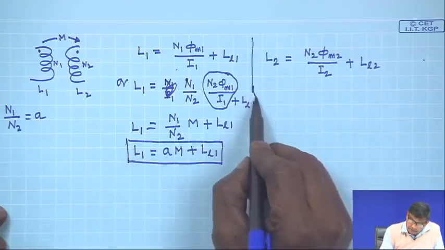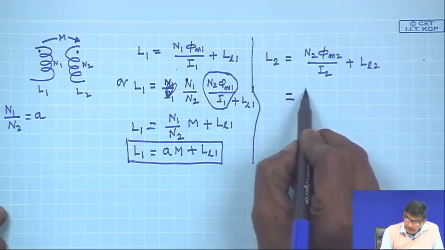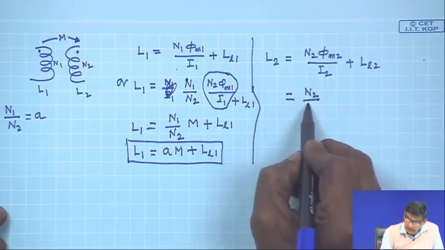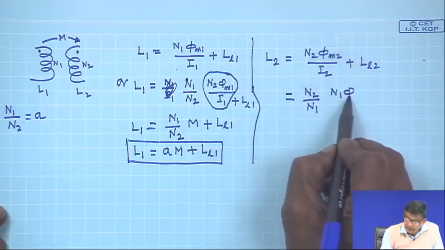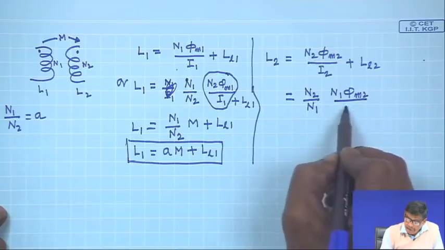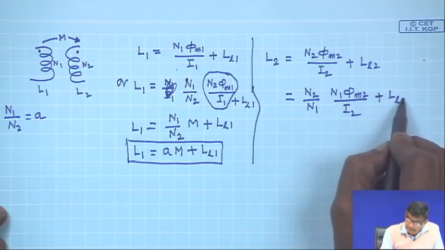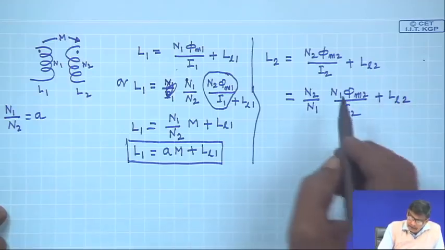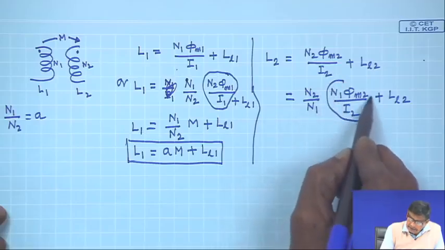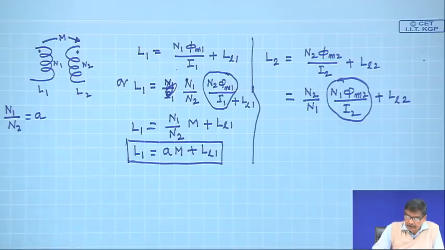In the same way, if you look at L2, what you do is divide by N1 and multiply with N1. Then we can recognize this to be once again mutual inductance, since there is no difference between M12 and M21.